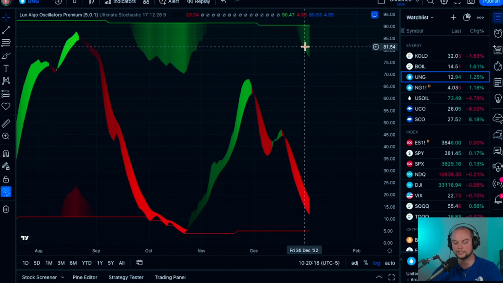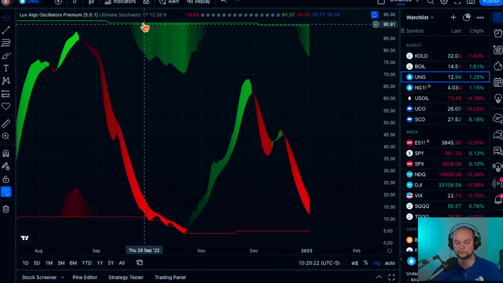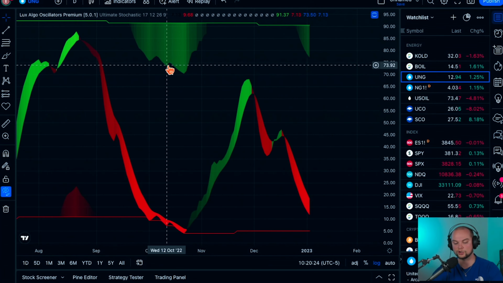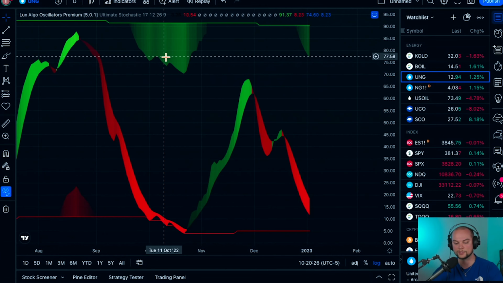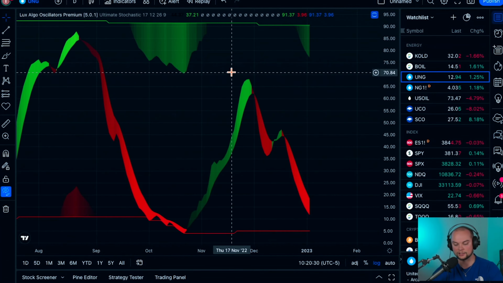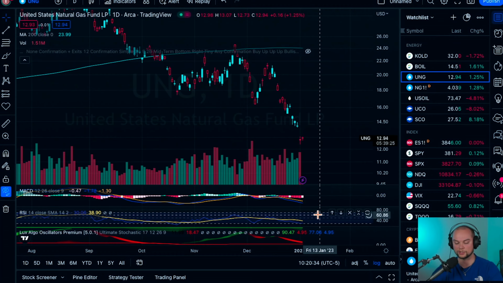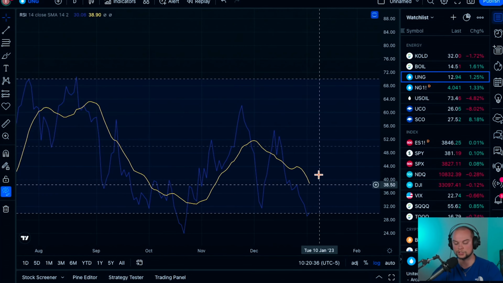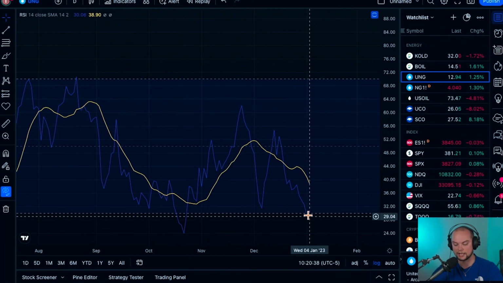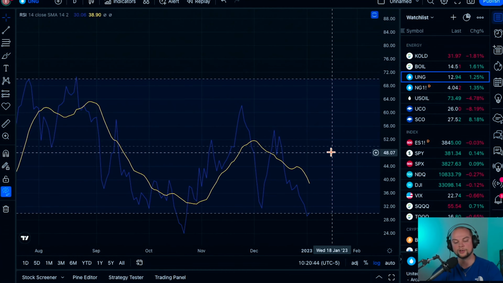You are seeing a cloud potentially here signaling the beginning of a reversal, but this reversal signaling cloud took a while to mature before it started an actual reversal the last time back in October. So that's what Lux Algo oscillator is showing us. And in the RSI, you see definitely still some bearishness, as the RSI lines have penetrated down through 30 and remain below 50.